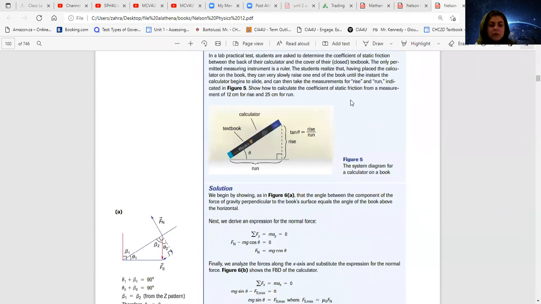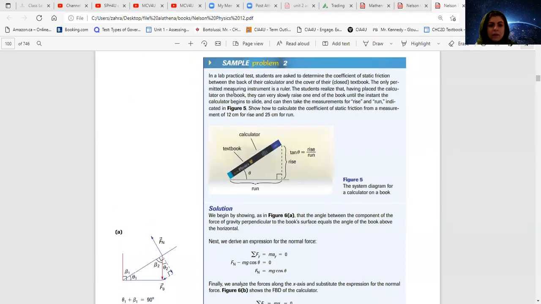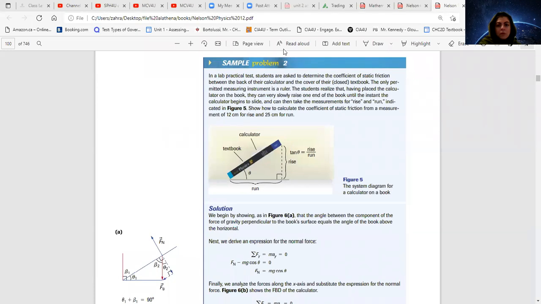Now another question: you have a book. In a lab practical test, students are asked to determine the coefficient of static friction between the back of their calculator and the book. To find the static friction, they put the calculator on the surface of the book and increase the angle slowly.